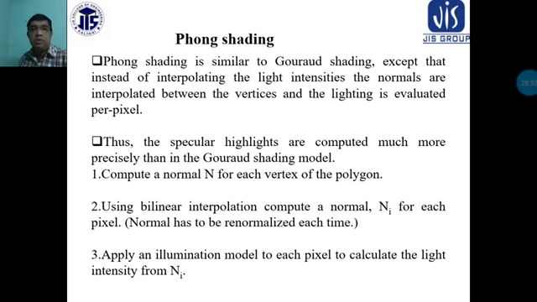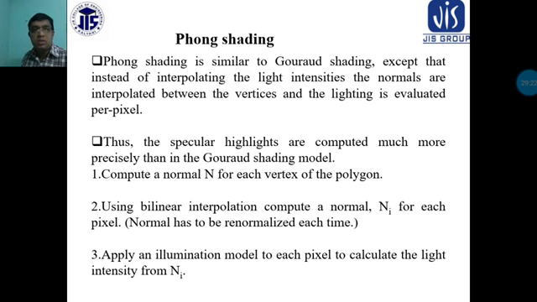Now Phong shading. Phong shading is similar to Gouraud shading, except that instead of interpolating light intensities, the normals are interpolated between the vertices, and the light is evaluated per pixel. Thus the specular highlights are computed much more precisely than in the Gouraud shading model. Compute the normal n for each vertex of the polygon.